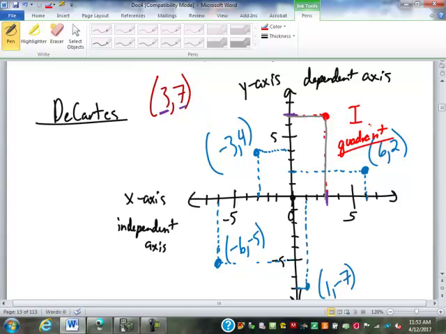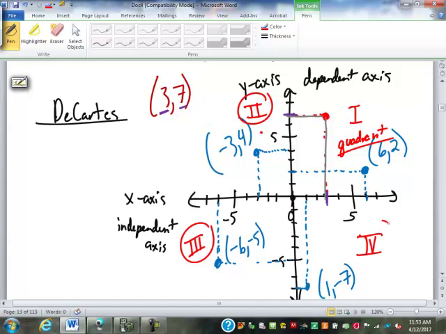From there, it's kind of subjective as to whether this would be the second quadrant or this one up here would be the second quadrant. And what we've done is in navigation and other things in trigonometry, everything goes counterclockwise. So we stayed consistent with that. This is the second quadrant, third quadrant, and fourth quadrant of the graph.